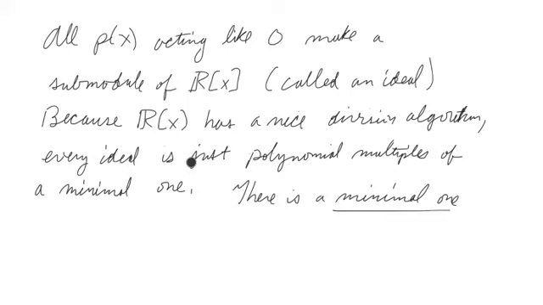You pick one thing, and all the multiples of it make up the ideal. There's one thing that will do that, and give or take, you can multiply it by any scalar, any real number, and it still works. But there's a minimal one. The minimal one is the one that everything is a multiple of, in fact.